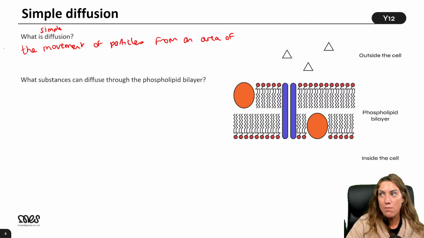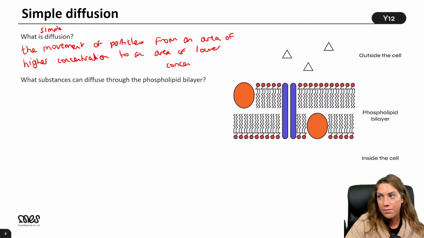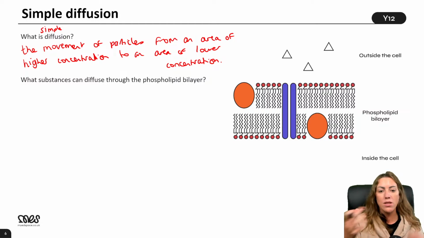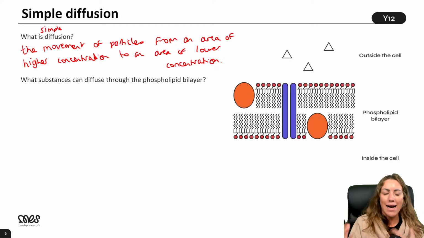It's just the movement of particles from an area of higher concentration to an area of lower concentration, and we're going to say exactly the same at A level. The net movement, that's a really good way of saying it, because particles are moving in both directions, but overall there's a net movement from a higher concentration to a lower concentration.